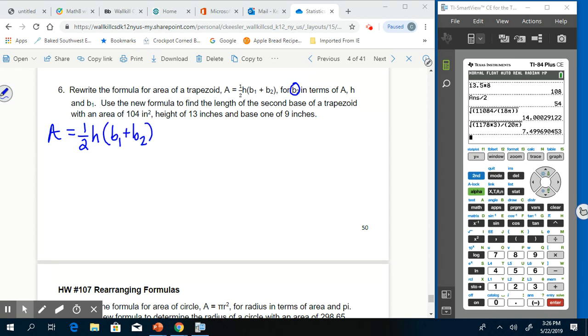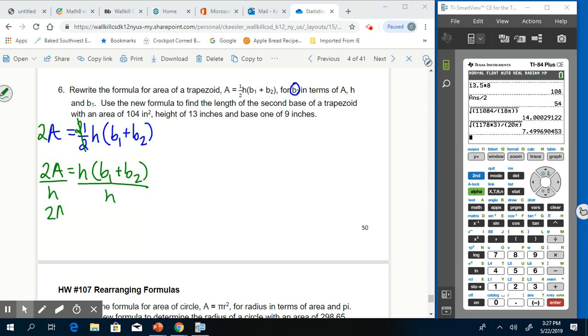Now, we want to get the base 2 by itself, so I'm going to start by getting rid of the 1/2 h. I'm going to multiply by 2 first. So we have 2A equals h times b1 plus b2. Then I'm going to divide both sides by h.